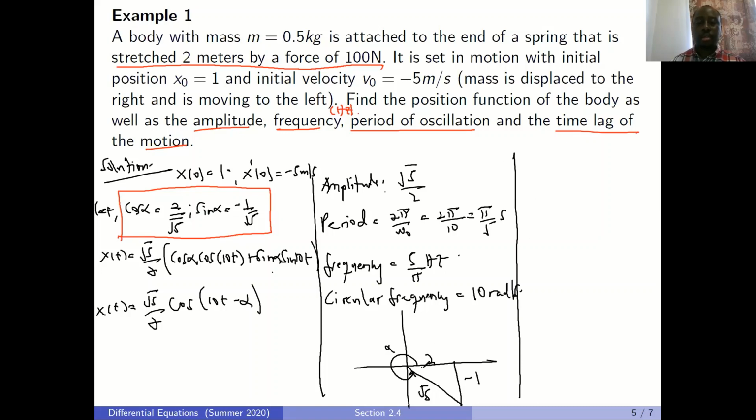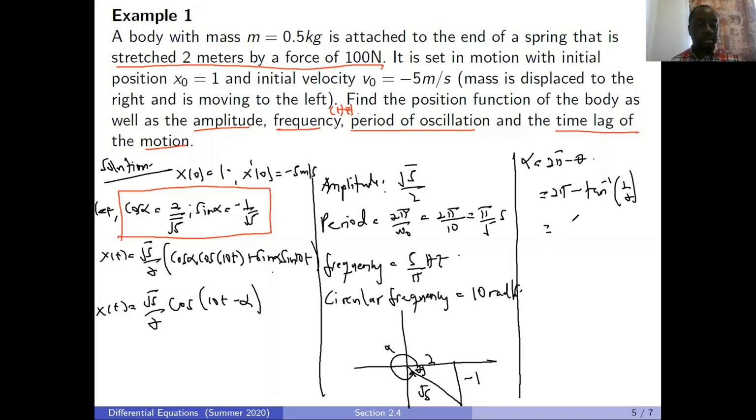And if I call this acute angle here theta, my alpha is 2 pi minus theta, right? And theta is just going to be the inverse tangent of 1 over 2, where I ignore the sign of the y component here.